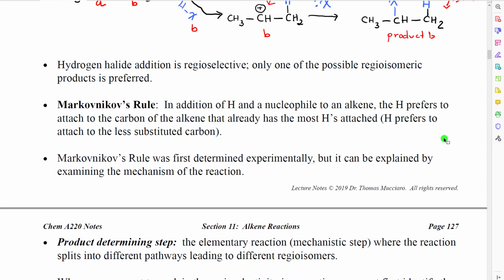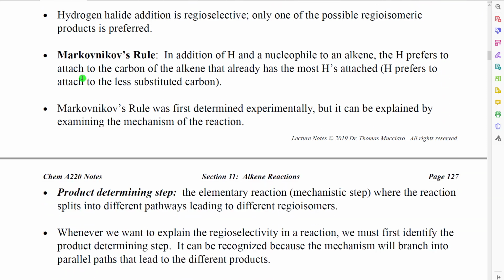The scientist who first studied this was a Russian scientist named Markovnikov. And the regioselectivity preference has been given his name. It's called Markovnikov's rule.